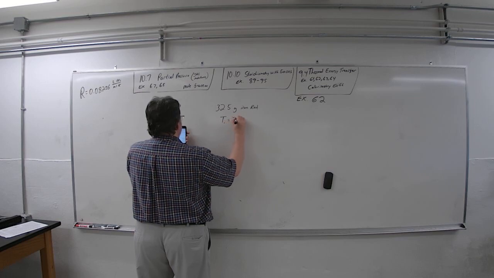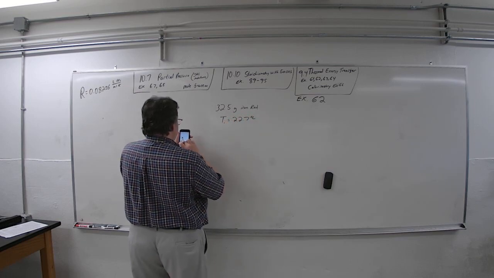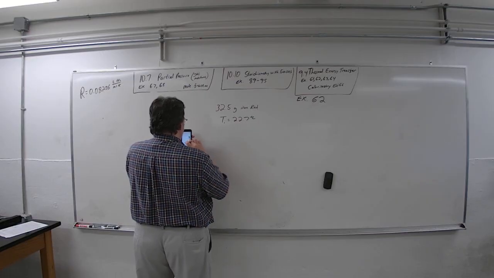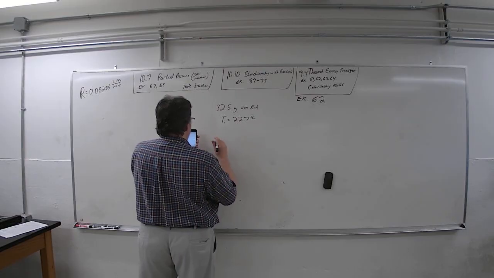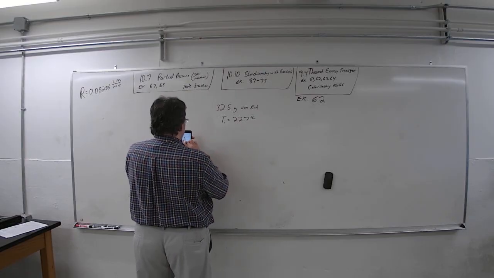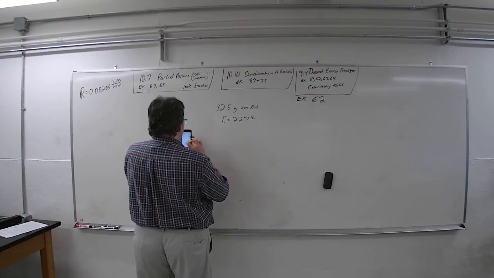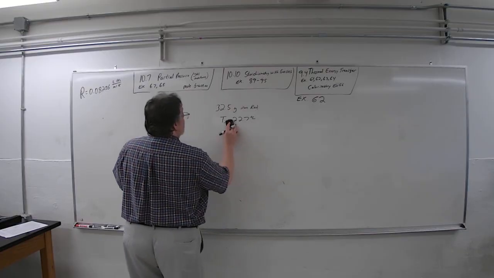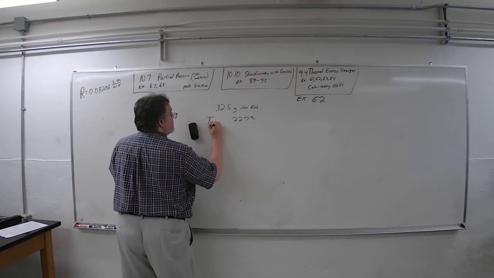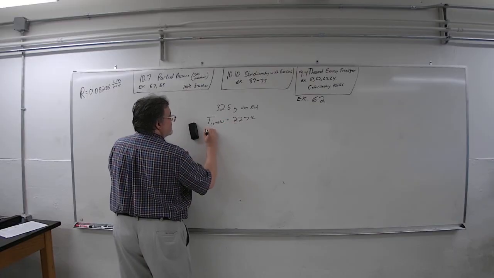Initial temperature is 22.7 degrees C into an unknown water container. Unknown mass of water. Okay. Do it like this. Temperature initial. The metal is this.